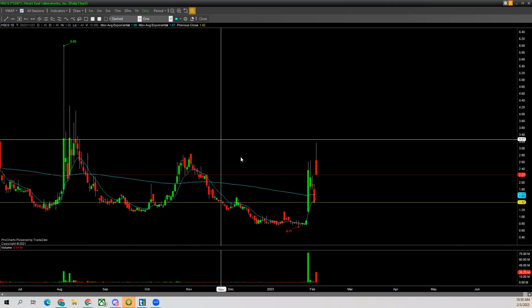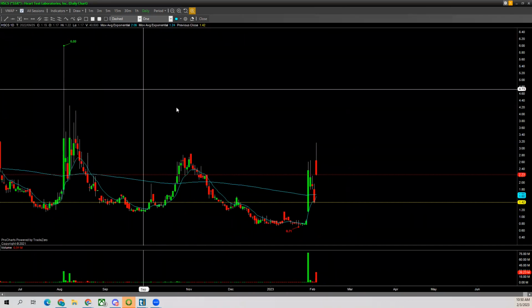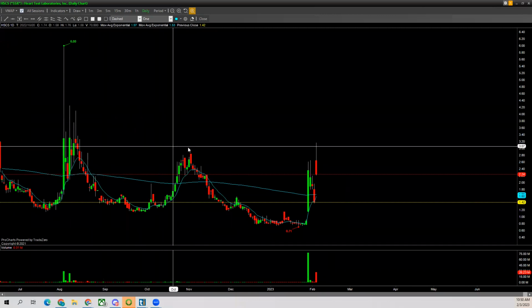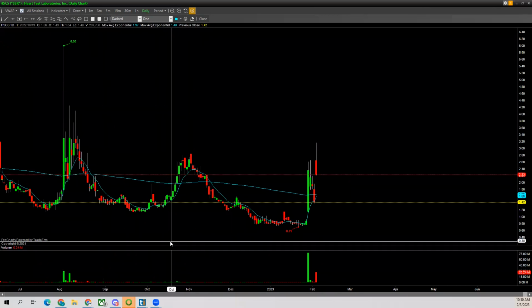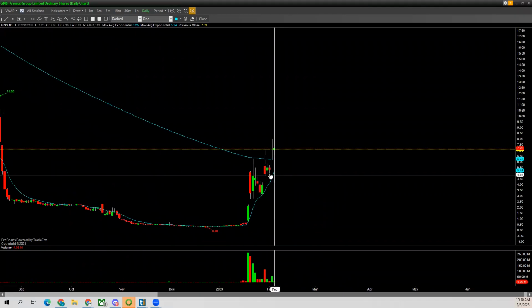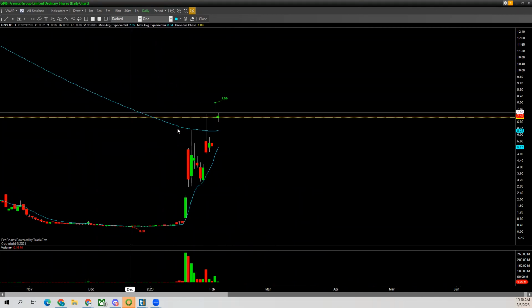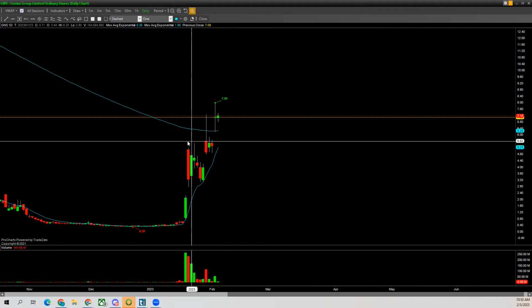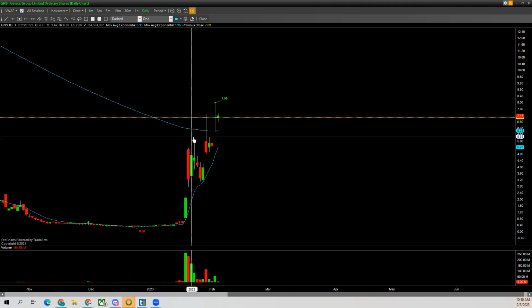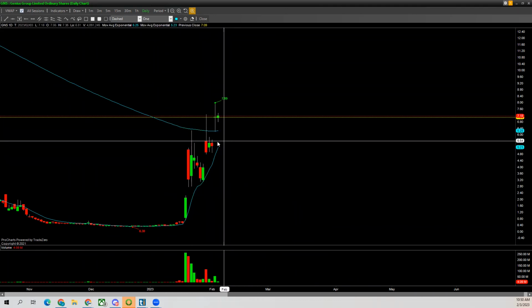HSCS. Let me see if we can pull up an example. That's not a terrible one. I'm just trying to think of stocks I've traded in the past. Okay, right here. I honestly would not have wanted to trade it right here because the 200 MA was perfectly coming into contact with GNS. And as you can see, every time it tapped the 200 MA, it wicked down and created a good short opportunity.